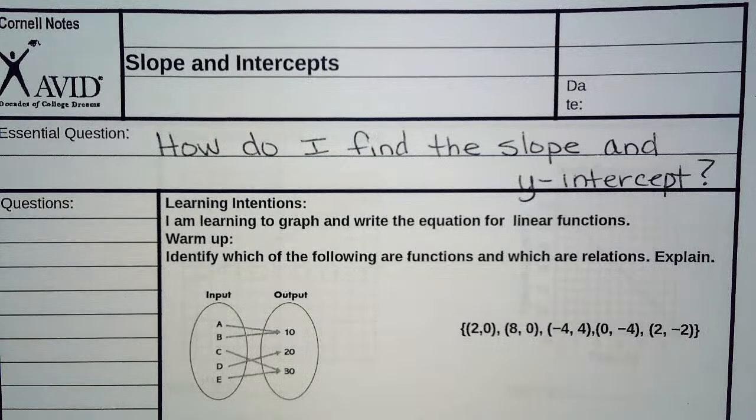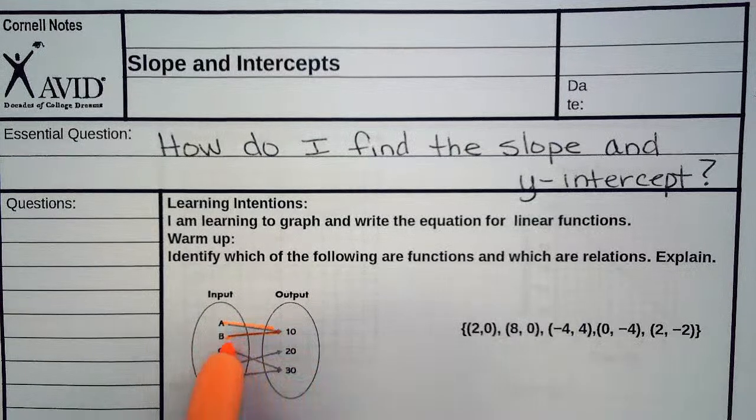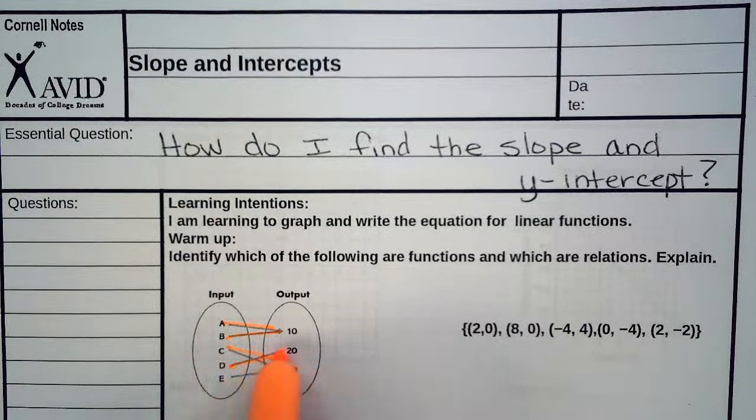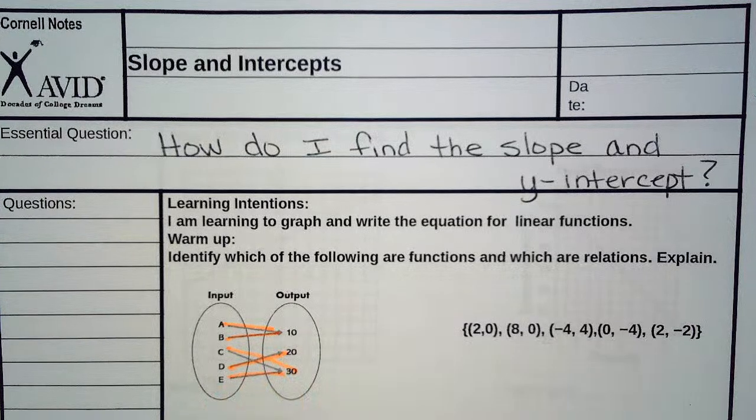Well, I hope this is just checking your answers and that you tried to do it on your own. If I'm looking at the first one, I notice that A goes to 10, B goes to 10, C goes to 30, D goes to 20, and E goes to 30. Did any of my inputs repeat?